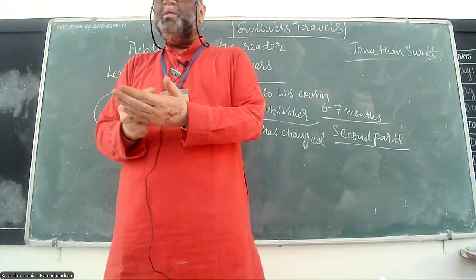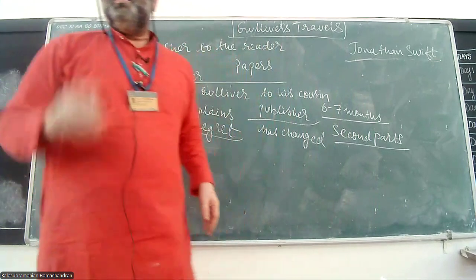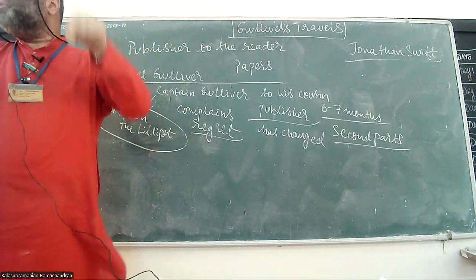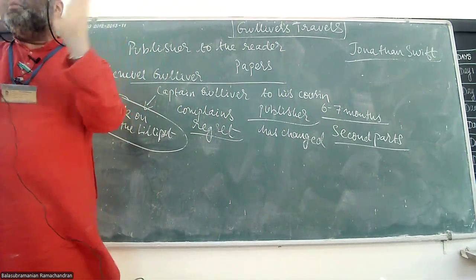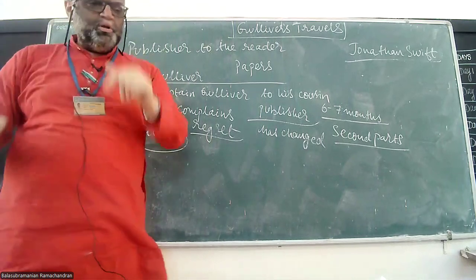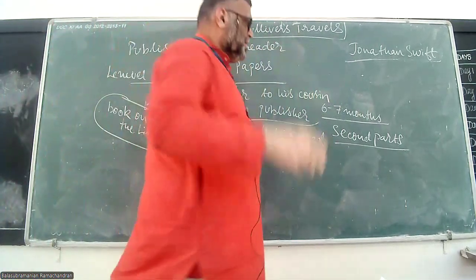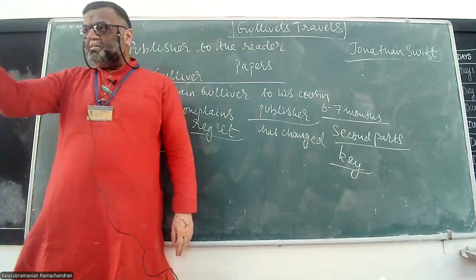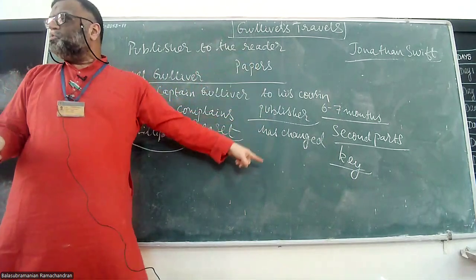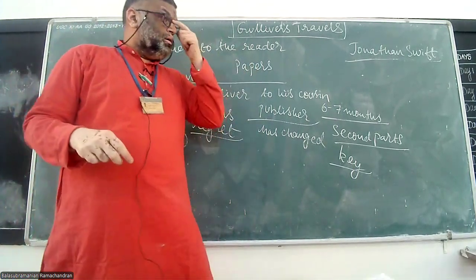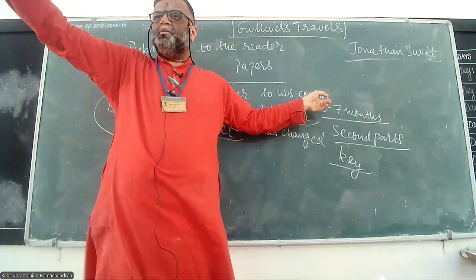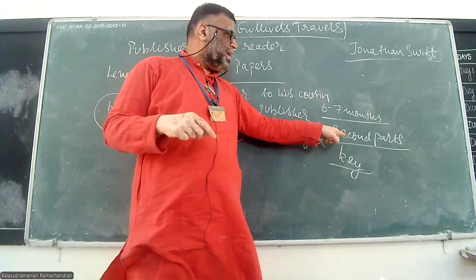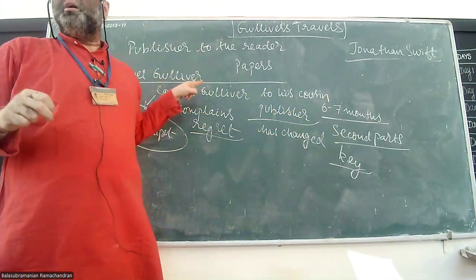Now there are comments, but earlier, when a book came out, people would oppose it with a pamphlet, a bit notice, saying everything this author says is wrong. Another thing is, they would write a key. So what do you mean by key? In this book, all the characters who come mean something. This particular character represents this person, this particular character is mocking that person. So a key has been published, and second parts have been published without the permission of Captain Gulliver.